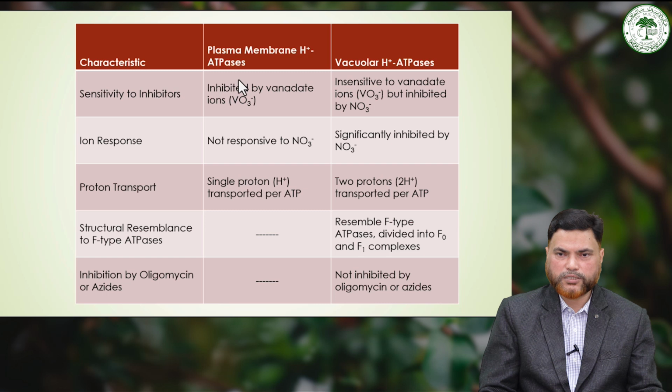Plasma membrane proton ATPases are typically inhibited by vanadate ions, but vacuolar proton ATPases are insensitive to vanadate ion. Plasma membrane proton ATPases are not sensitive to nitrate, but vacuolar ones are inhibited by nitrate. The plasma membrane localized proton ATPase transports a single proton per ATP molecule hydrolyzed, whereas 2 protons are transported per ATP molecule by the vacuolar one. So this is a very significant difference between these two types of proton ATPases.